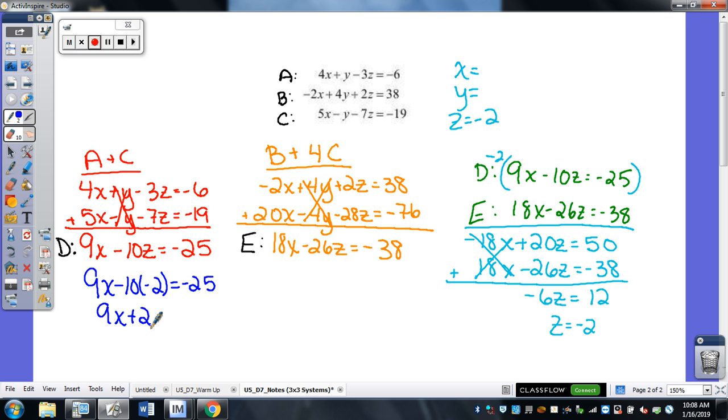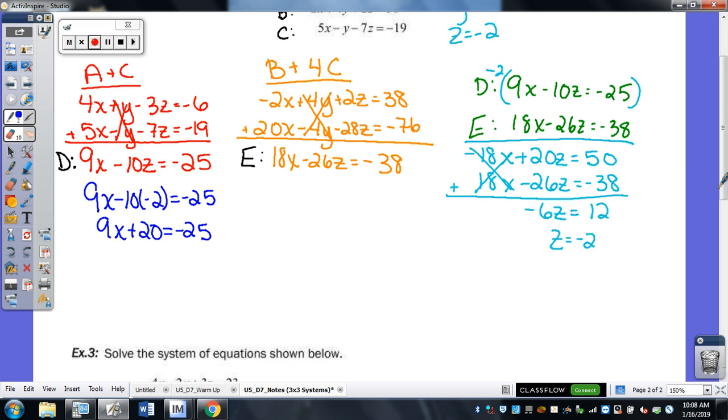That becomes a positive 20, then we subtract that 20 over. So I get a negative 45. Divide by 9, what does x equal? Negative 5.